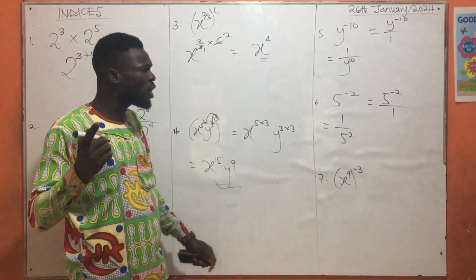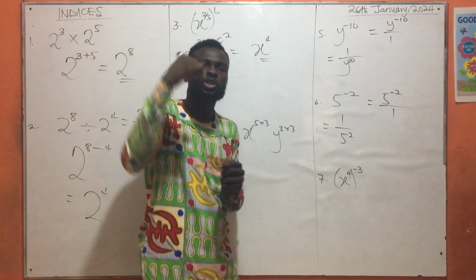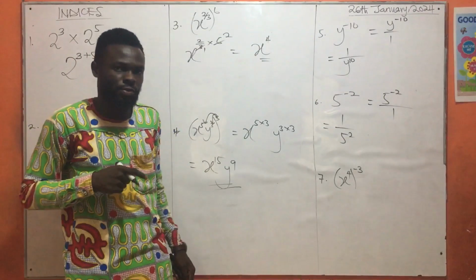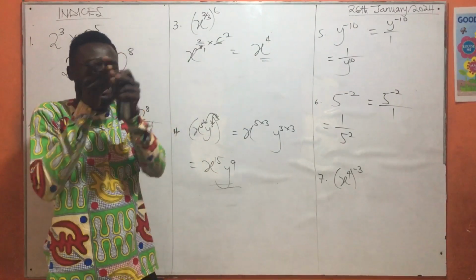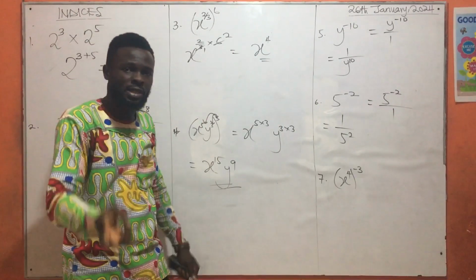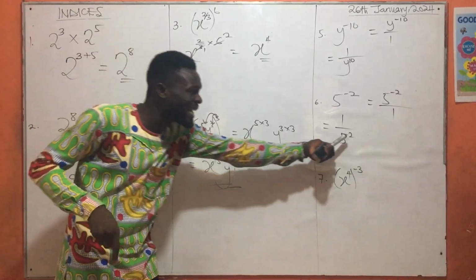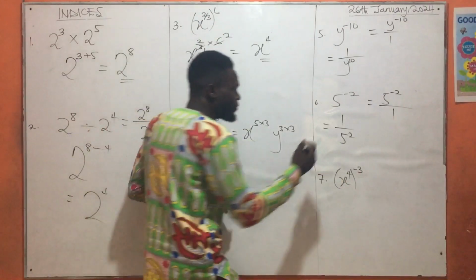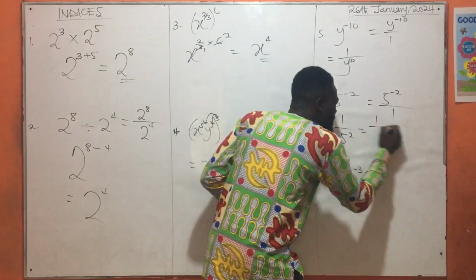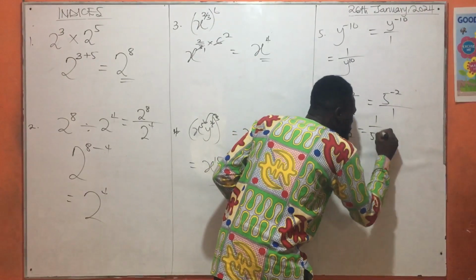We explained also that a power shows the number of times the base is multiplying itself. We were taught this in basic 7 and we have to know this in basic 8. So if you have 5 raised to the power 2, it means the 5 is multiplying itself 2 times.